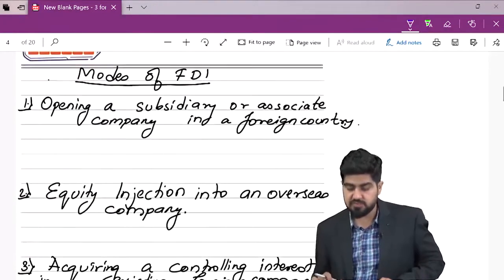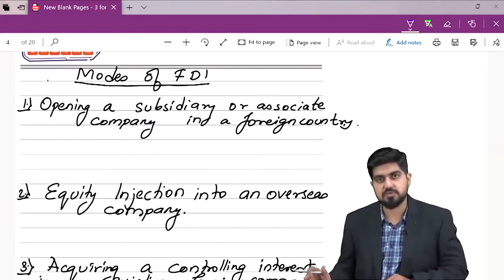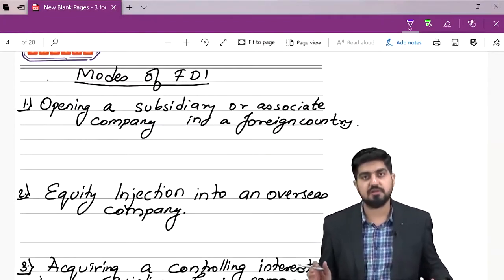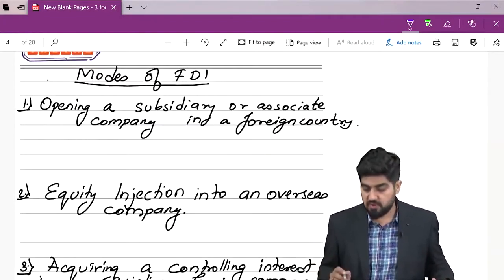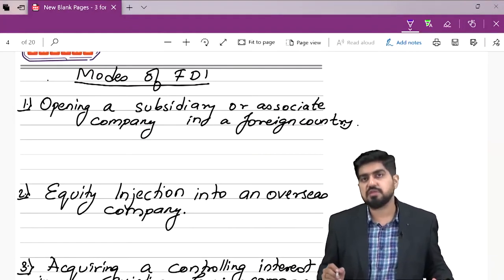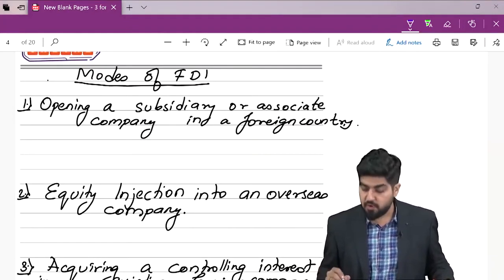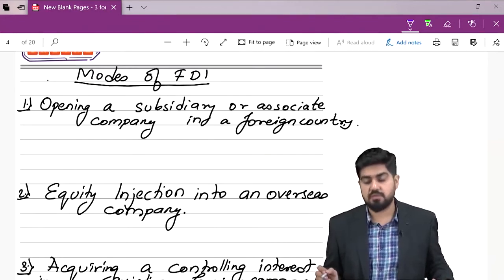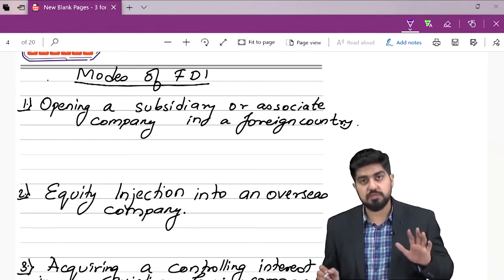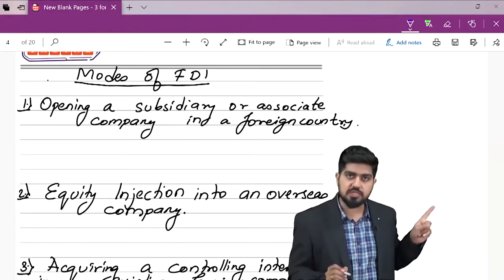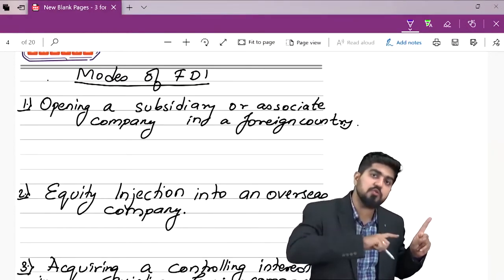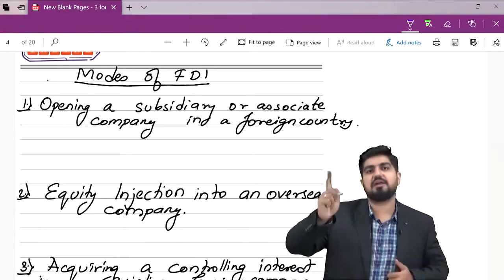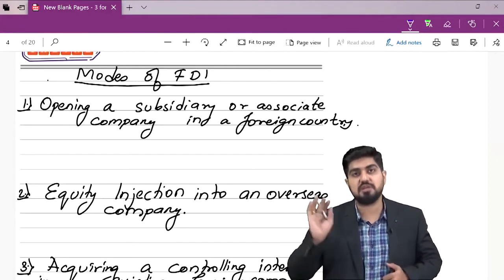Now just by looking at the statements or the modes here, it is very difficult to gauge the type. So we will understand with the help of examples. Opening a subsidiary or associate company in a foreign country. One company in some other country is already operating. They go to some other country and start with their own subsidiary company.